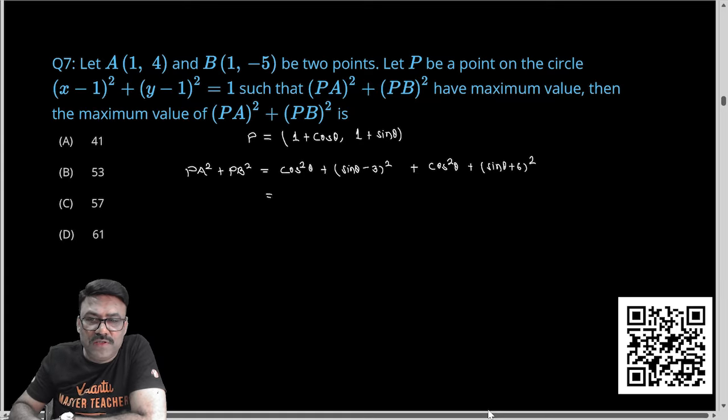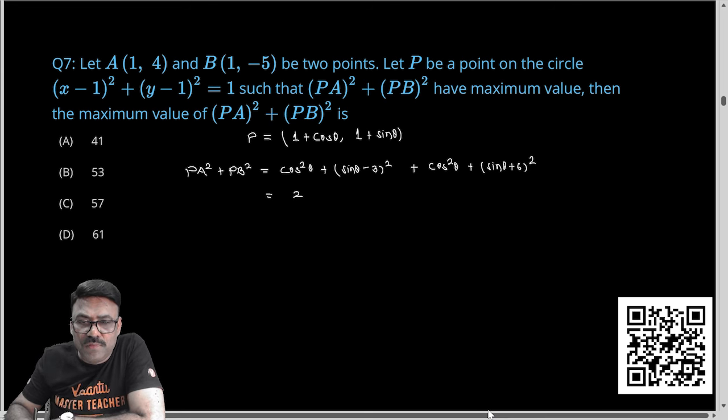Now if you simplify this, you get cos square theta plus sin square theta, which is 1 here, and cos square theta plus sin square theta, which is 1 here. So you got 2. Then you will get minus 6 sin theta here and 12 sin theta here, so 12 minus 6 means plus 6 sin theta. And then you will get 9 and 36, which is 45.